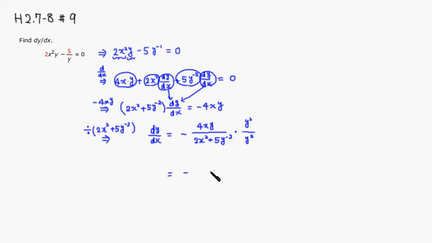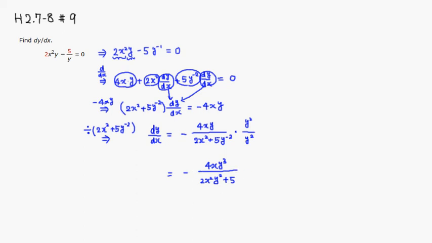So 4xy times y squared is 4xy cubed. 2x squared times y squared stays 2x squared y squared, and y to the negative 2 times y squared cancel out, so you just get plus 5.